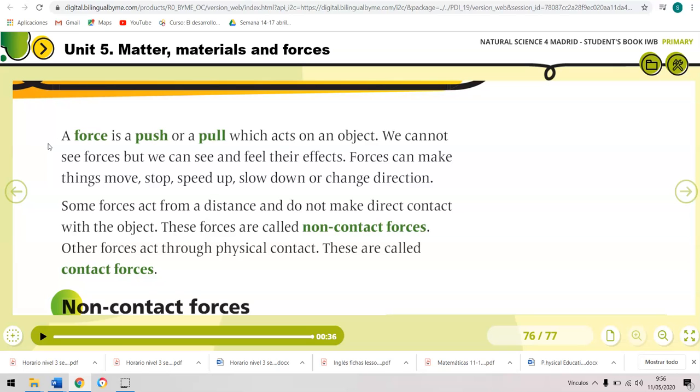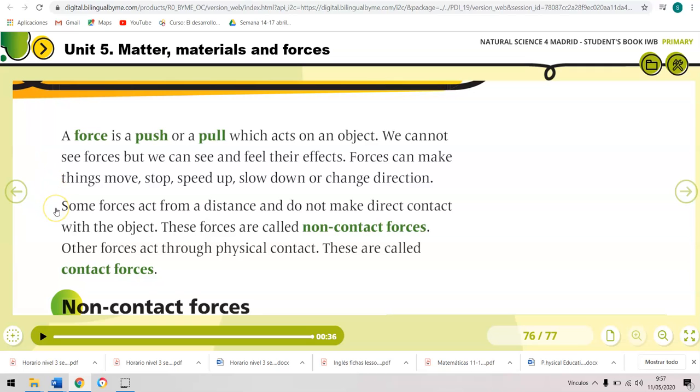For example, if I am pushing a chair, you can move it, all right? And it was in one place and now it's in a different place. Or, for example, if you push or kick a ball, okay, that force that you give the ball makes the ball change the destination or the place where it is.